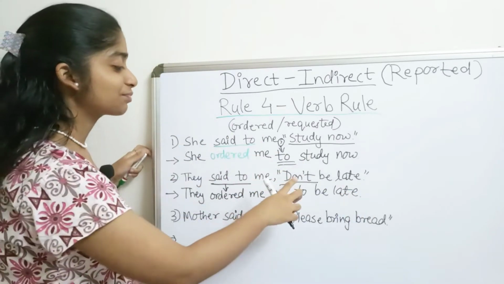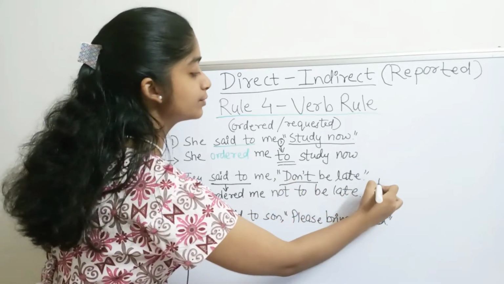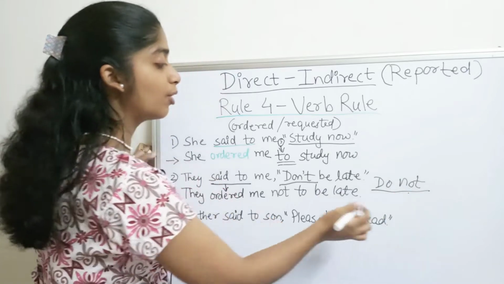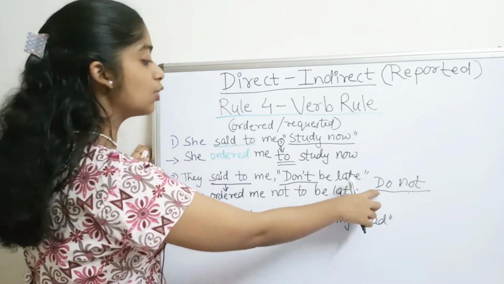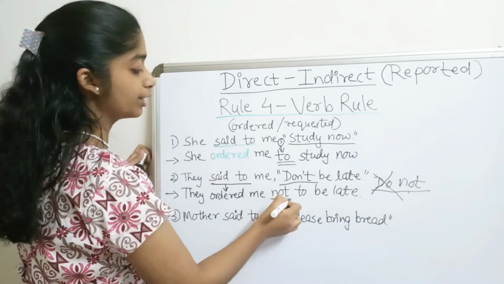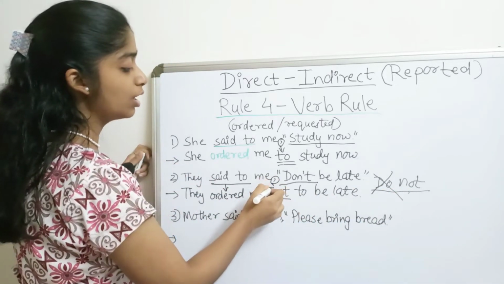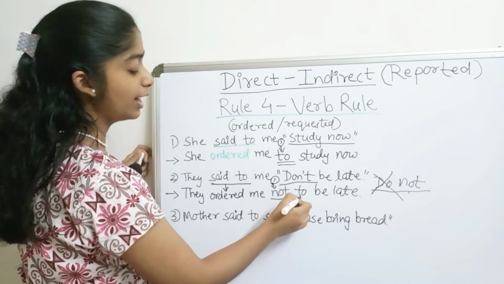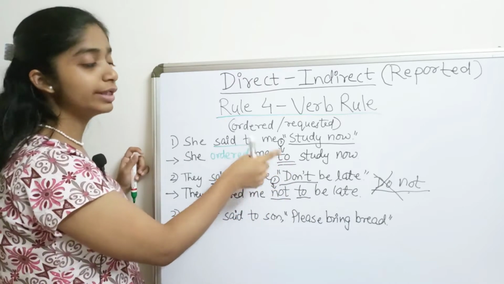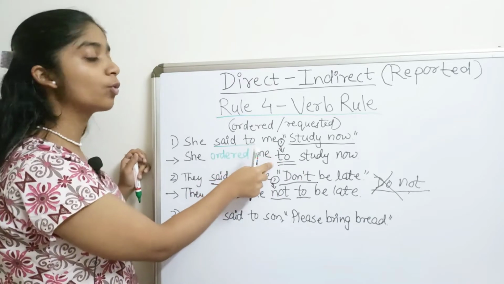Why? Don't is do not. Now we cancel this do and write this not over here. Instead of this comma we write not to, and as we did over here, this was a positive sentence, we wrote only to.